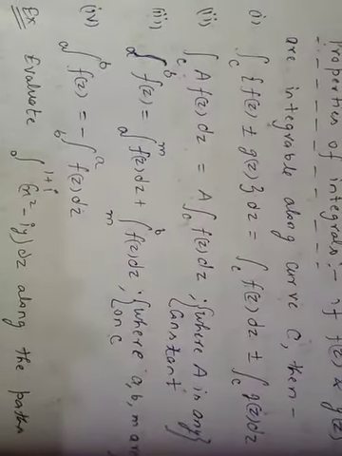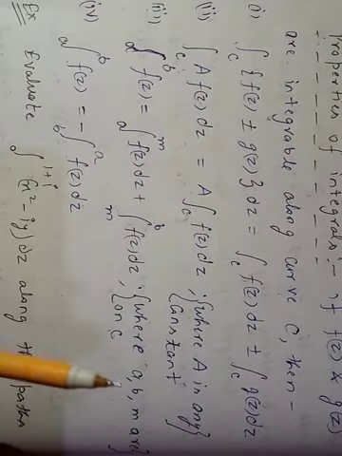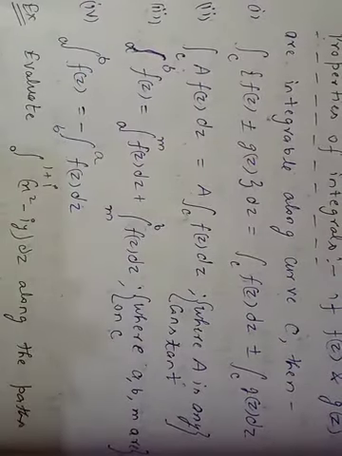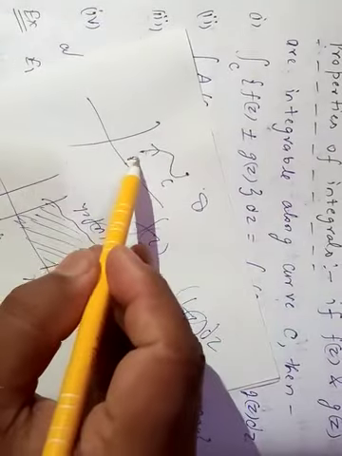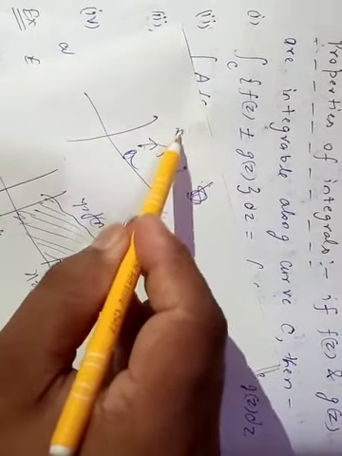And suppose there is a point M between A and B on the curve C. Suppose this is point A and this point is B, and I take a point M here.